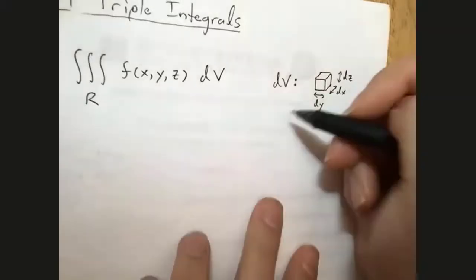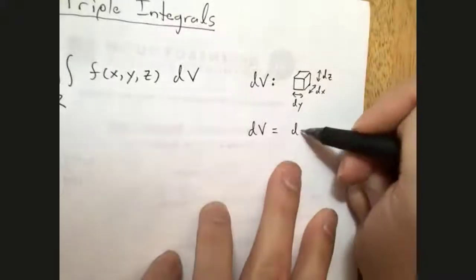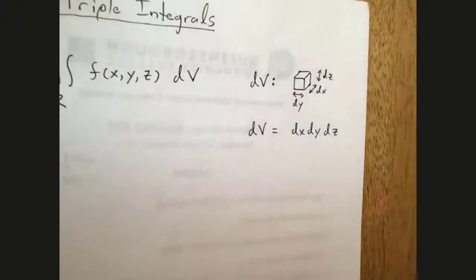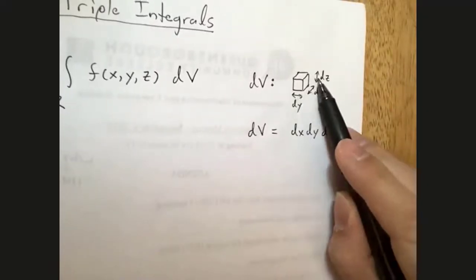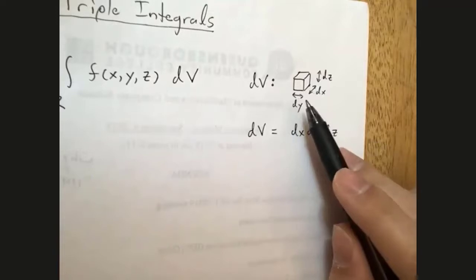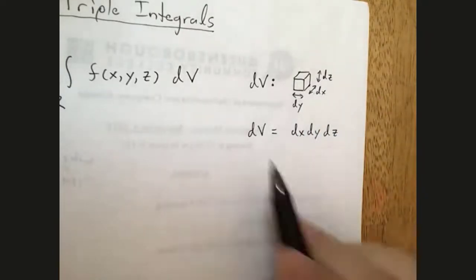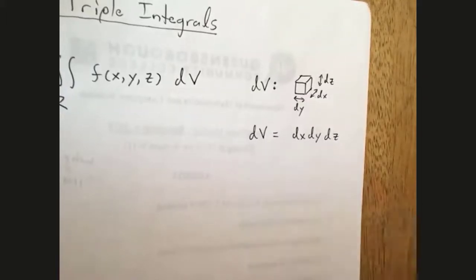So it makes sense to view dV as dx dy dz. Because if I multiply the width times the length times the height, I get the volume of the box. And so these infinitesimal widths multiplied together should give me the infinitesimal volume.